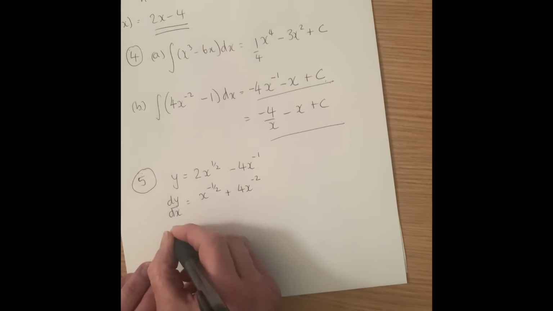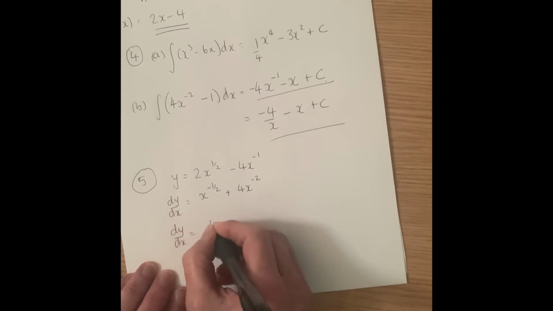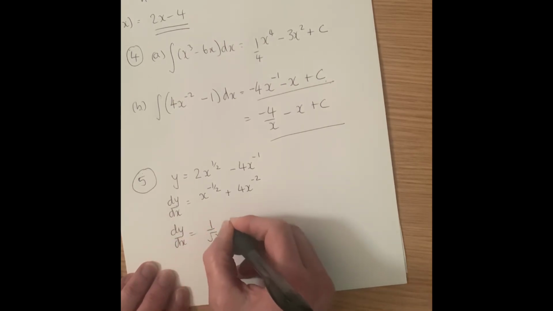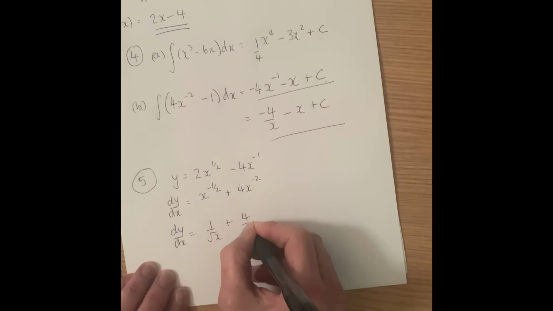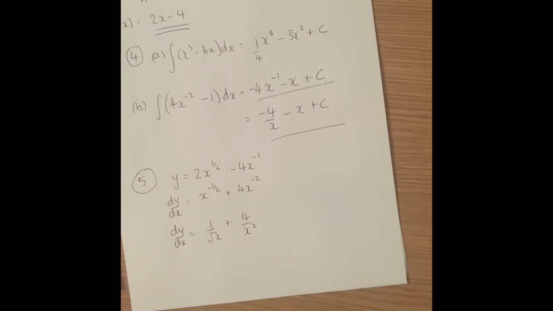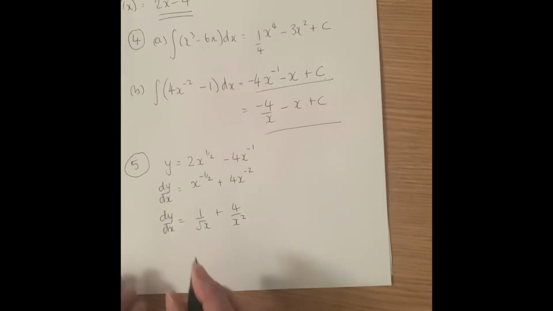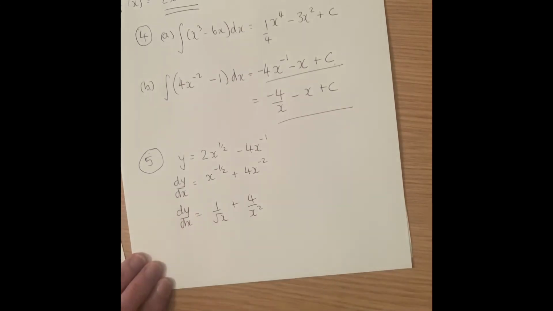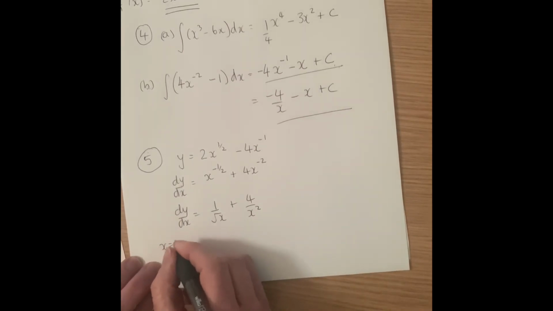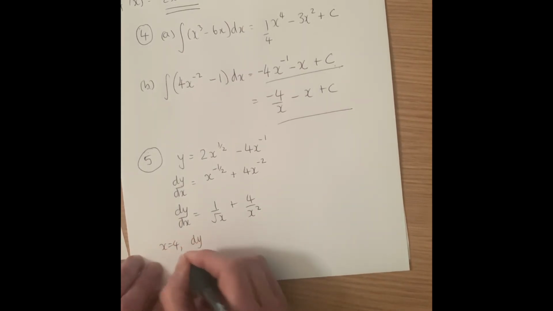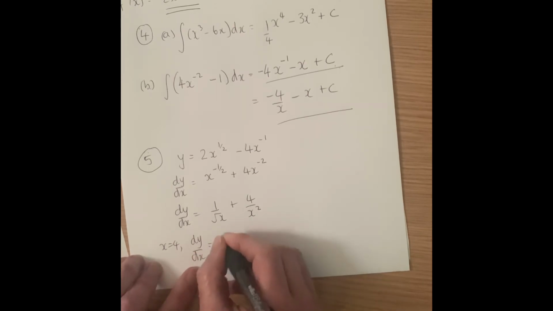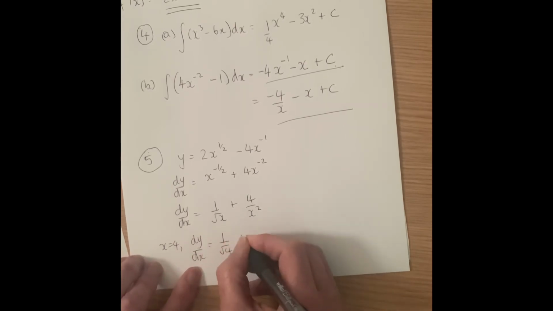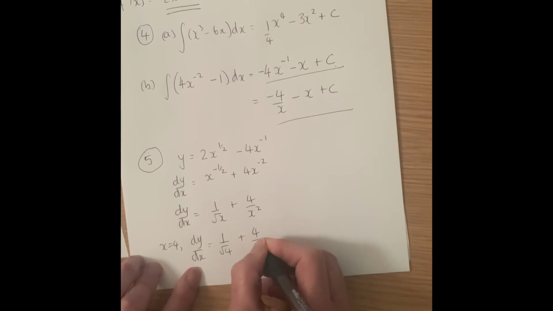Now, I think I might prefer to write that as 1 over the square root of x plus 4 over x squared. I'm going to write it like this, but you don't have to. Okay, there's dy dx. And I would like to find that when x equals 4. Again, you've got your calculator, you could put it into 1 over the square root of 4 plus 4 over 4 squared.